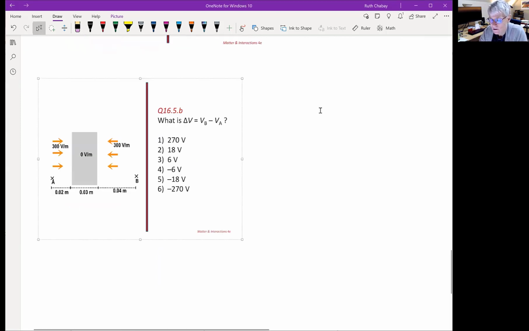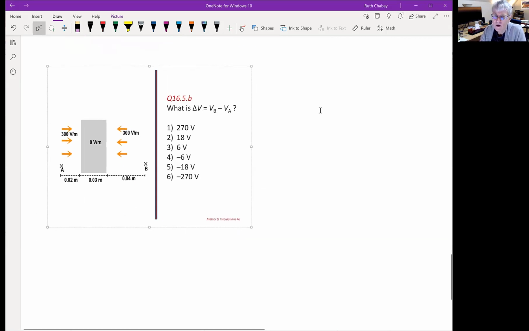Now, I would argue here that you can actually tell by inspection what the sign of your answer should be. Because, as I think many of you saw, the contribution from the path inside this conductor at equilibrium is going to be 0, because E is 0.